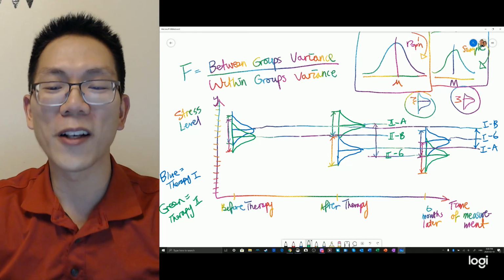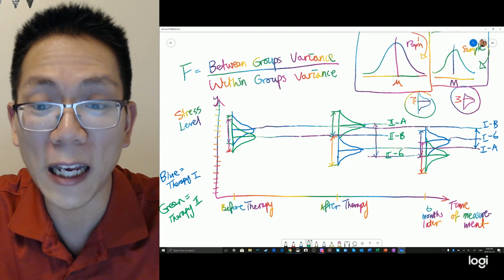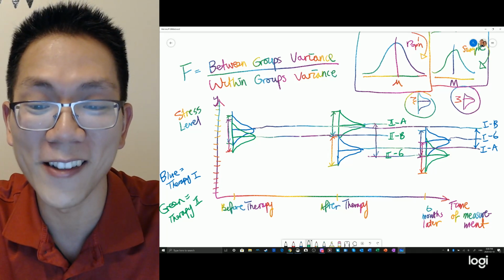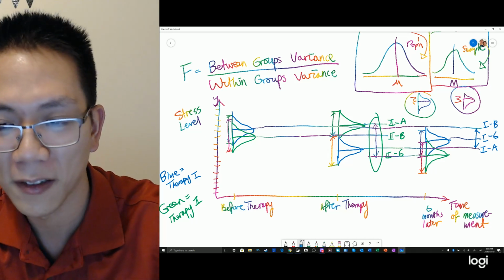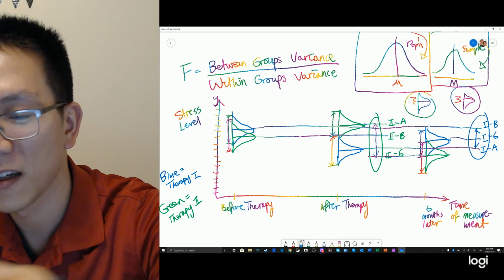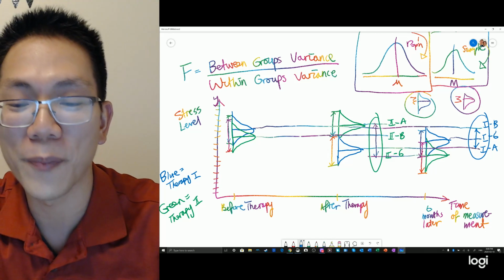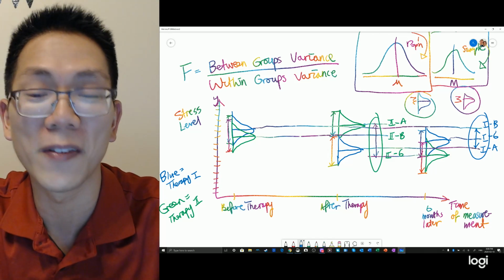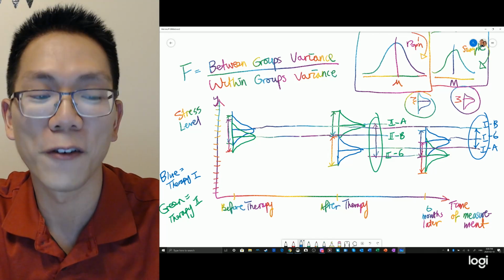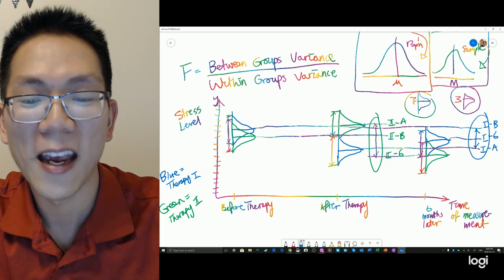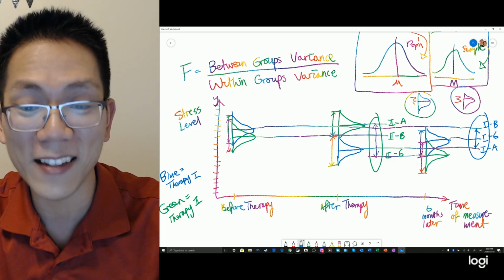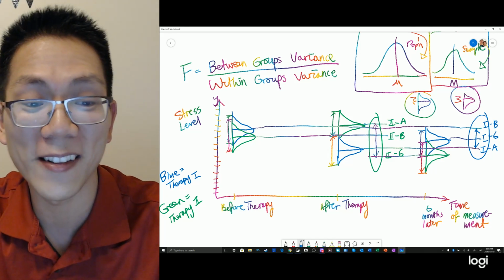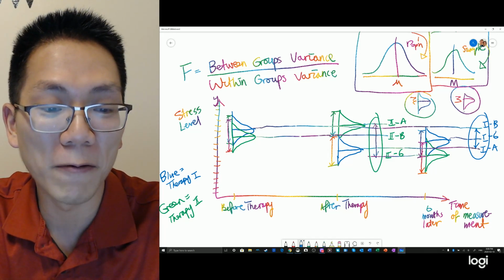So you may notice that while we can look at between group variance, that is these arrows here, and we can even begin to compare between groups, for now we're sticking with the same factor within the therapy groups. And again, we're going to compare the between group variances with the within group variances.